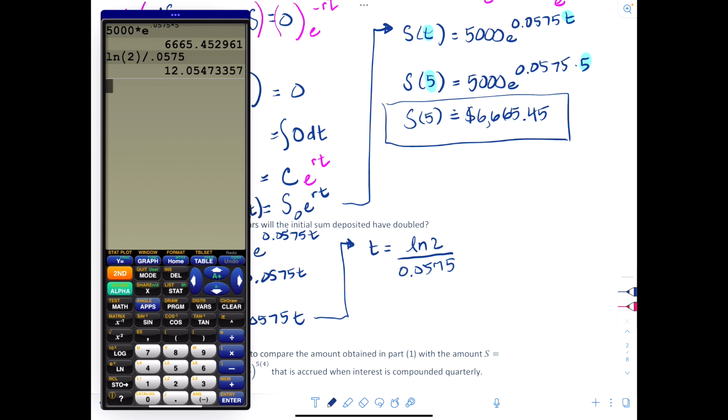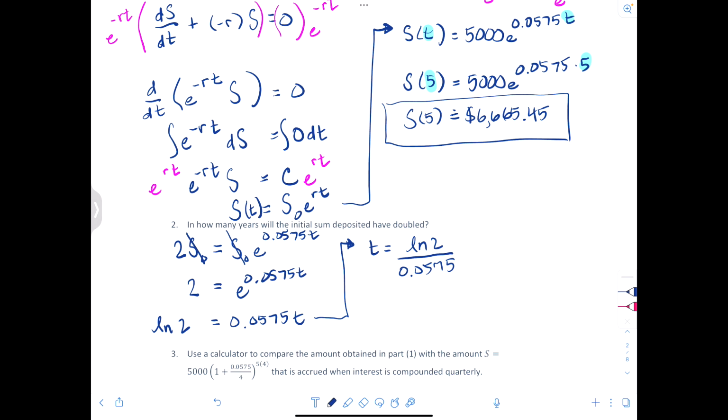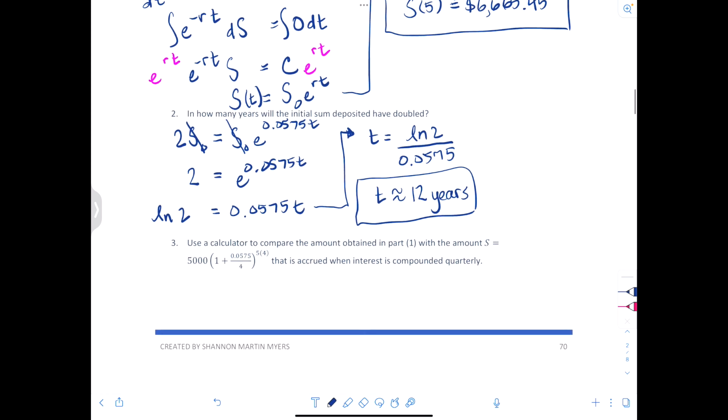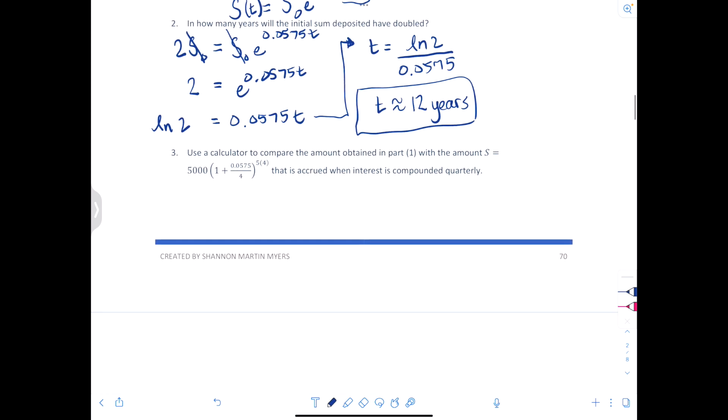So that's going to happen in about 12 years, approximately 12 years. That's how long at that interest rate it would take to double. So the initial amount honestly doesn't even matter. It's the rate.